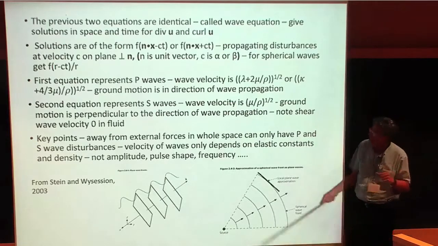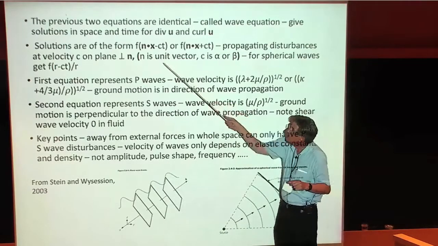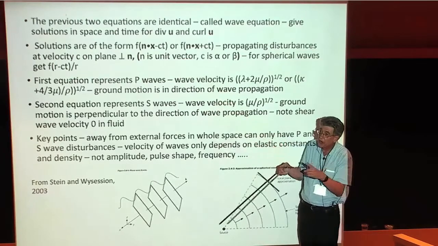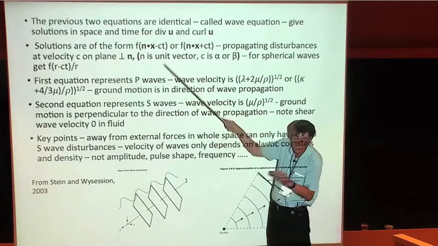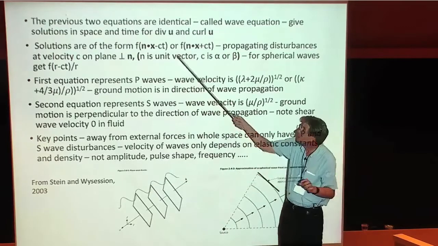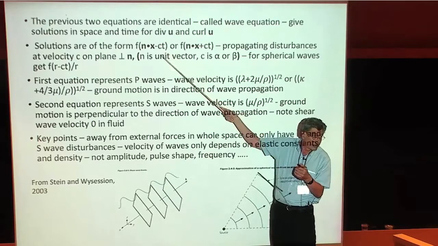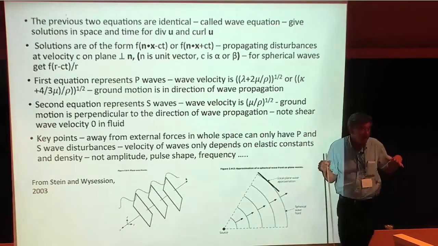N here is just a unit vector. So you can put any unit vector in there, dot it with your position x, y, z, minus alpha t for the first equation or beta t for the second equation, and that satisfies the wave equation.